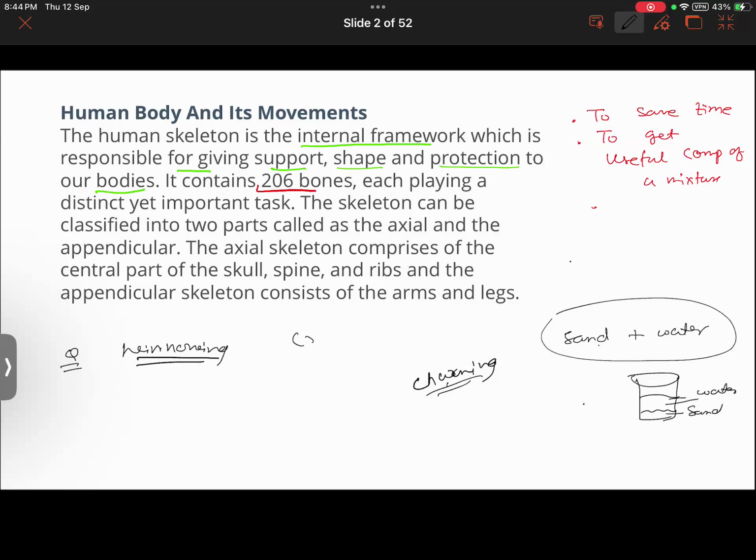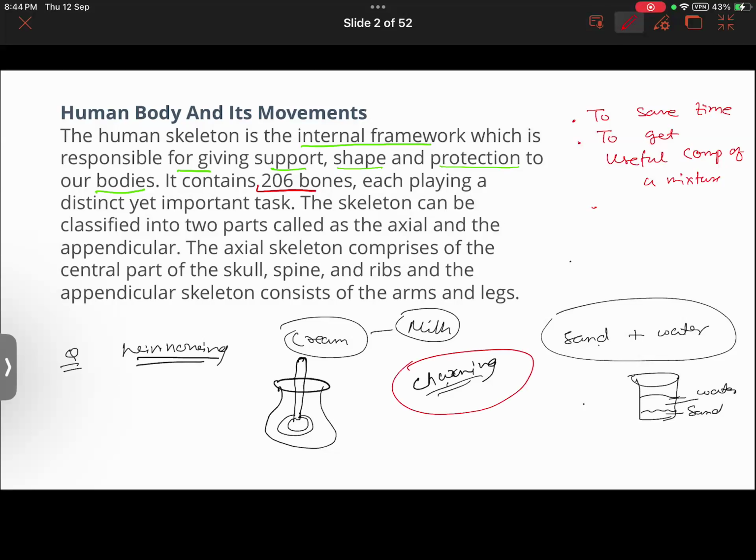Like to obtain cream from the milk, you would have seen that the woman would be taking this pot made out of clay, and they would put a stick in it like this, and they will rotate it with the hand, and the cream will be separated from the milk. What is that process called?